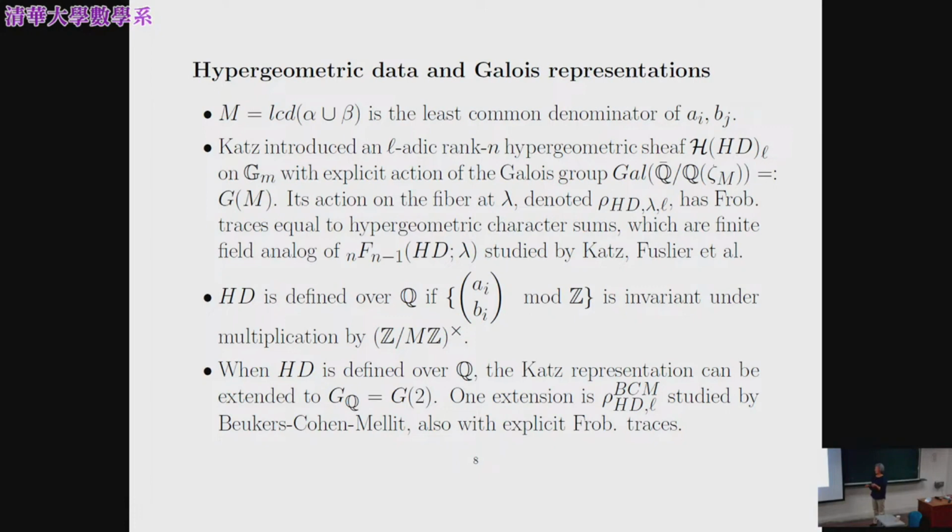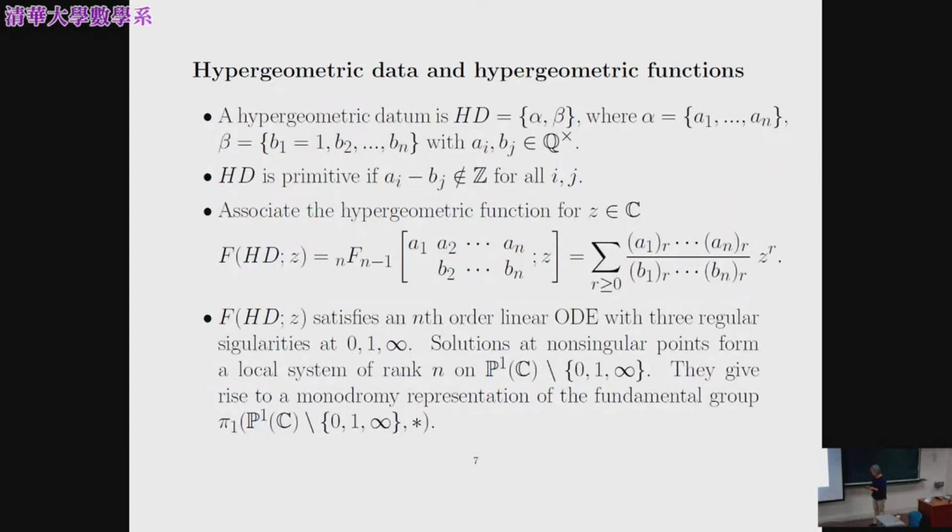So in this case, we fix any choice of prime number called L. Then Katz introduced an L-adic rank n hypergeometric sheaf. Before, the sheaf was on P1C minus 3 points, 0, 1, infinity. And now the L-adic sheaf is on the group Gm.